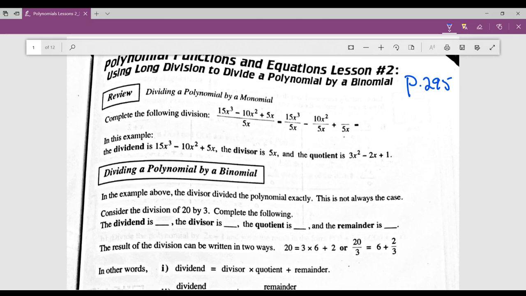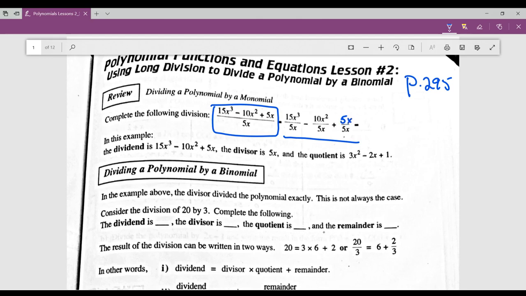But first of all, back in grade 9 or 10, you would have seen something like this, where we have a polynomial up top, 15x cubed minus 10x squared plus 5x divided by 5x. If you have a single term denominator like this, you can put it under each of the numerator terms. So it can be rewritten as 15x cubed over 5x minus 10x squared over 5x plus 5x over 5x.